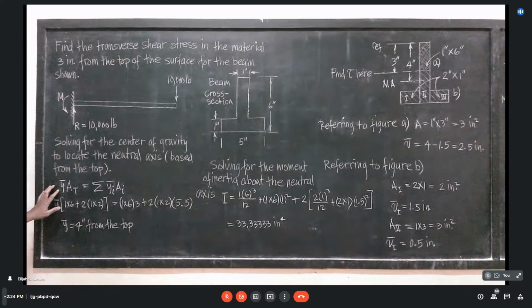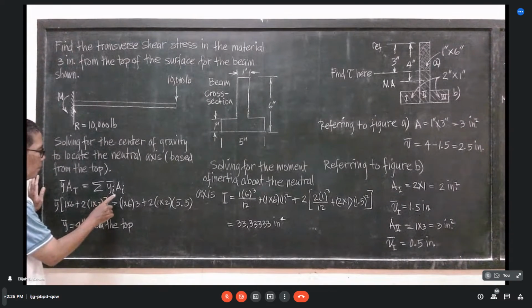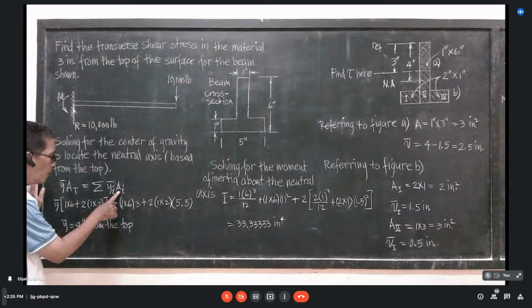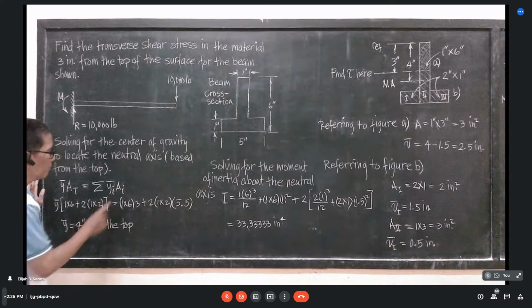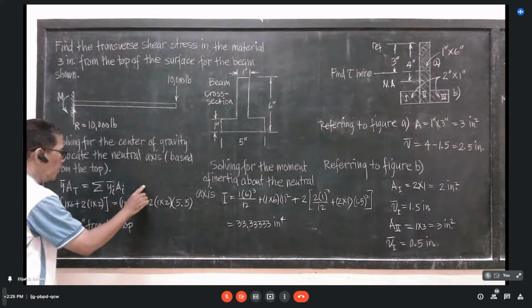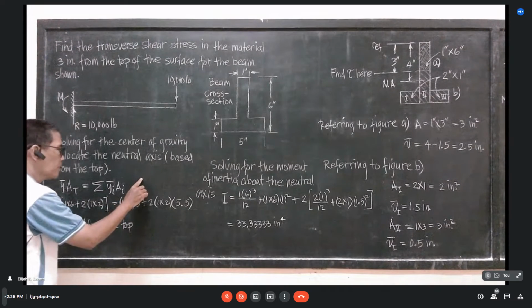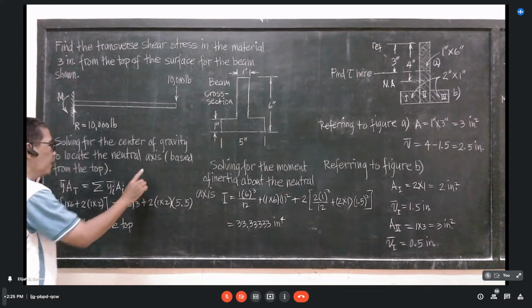However, this is area, so moments of areas: area times the distance from our reference axis. It is the same: the small area, area 1, times the distance from our reference to the centroid of this area, plus the same for area 2. So A2 times y2, which is the distance from the centroid of A2 to the reference axis.